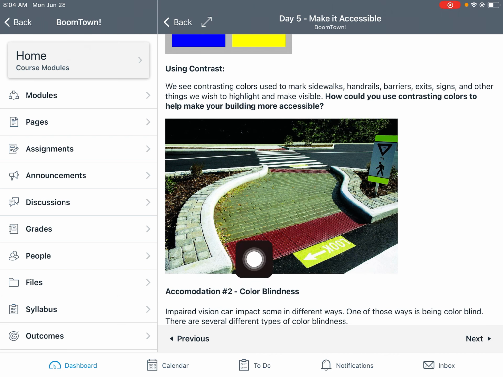We want to use this when we're marking where crosswalks are. Look at the sign up here, even look at the difference between the outline here and the brick behind it. Very contrasting. Crosswalks are white, the road is black. So we're using those colors to really help somebody who might be visually impaired.